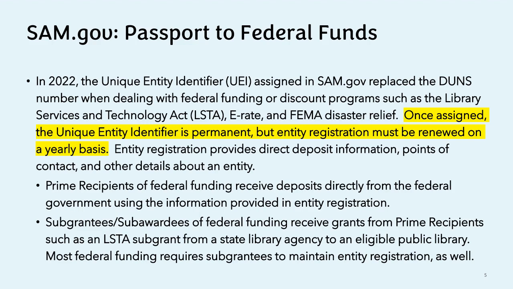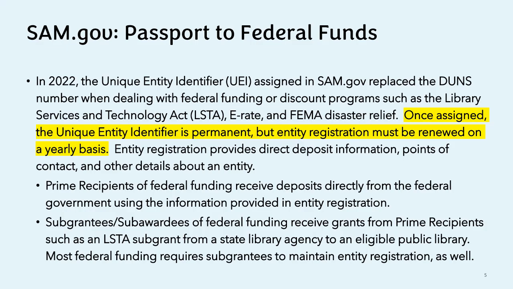So subgrantees or subawardees of federal funding are receiving grants from prime recipients. So that's an example where KDLA will be granting to an eligible public library. And generally, if you're getting federal funds, even if you're not the prime recipient, you still have to maintain active entity registration as well. And for registration, I think it's really important that you maintain it at all times because, of course, you want to receive KDLA grants.